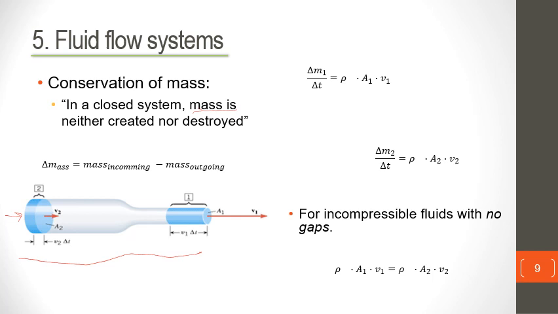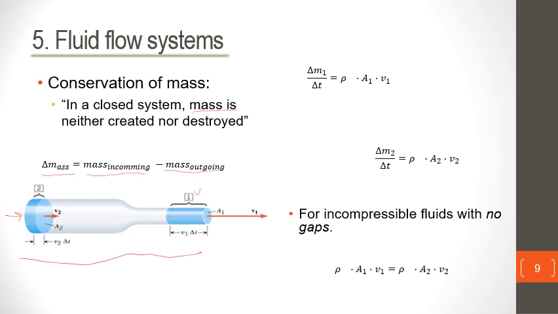What we can say is the change in mass that we observe within this chamber or channel has to be equal to the mass coming in minus the mass going out, because mass cannot be created inside the fluid in this process, and it cannot be destroyed.